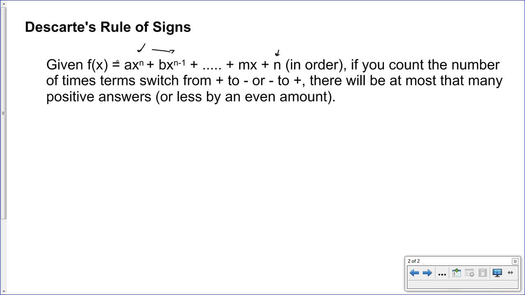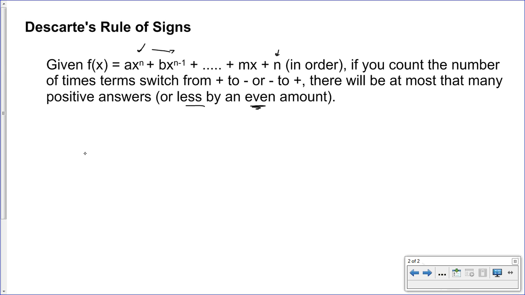If you count the number of times terms switch from positive to negative or negative to positive, there will be at most that many positive answers or less by an even amount.